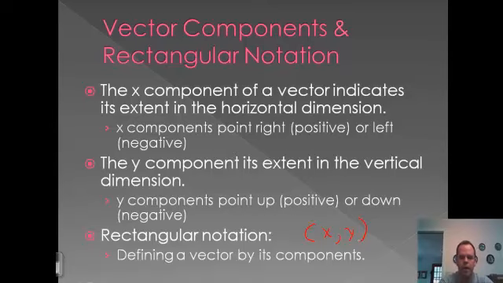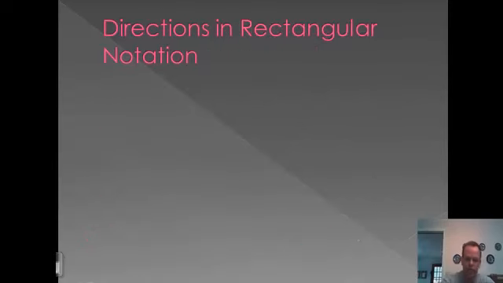So whereas in the previous notation we had the magnitude at an angle, now we have the x and y components. So we think of this in terms of directions, our same axes. This will be our positive and negative for the x-axis. Positive to the right, negative to the left. Negative down, positive up.